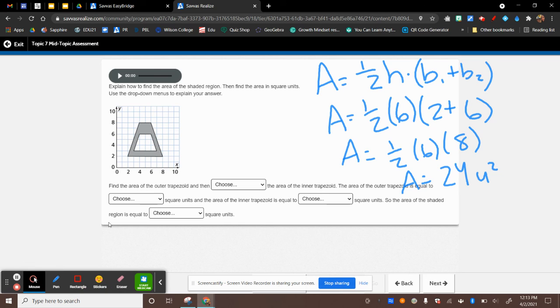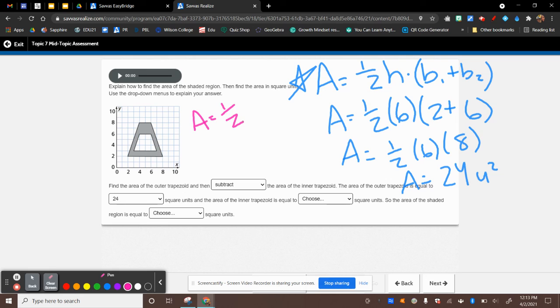I'm going to go here to my drop downs. Find the area of the outer trapezoid and then subtract the area of the inner. The area of the outer trapezoid is equal to, I got 24 square units, the area of the inner trapezoid. So now I'm going to find this inner one. I'm going to use my same formula, which is right here. So I'm going to say area equals 1/2.